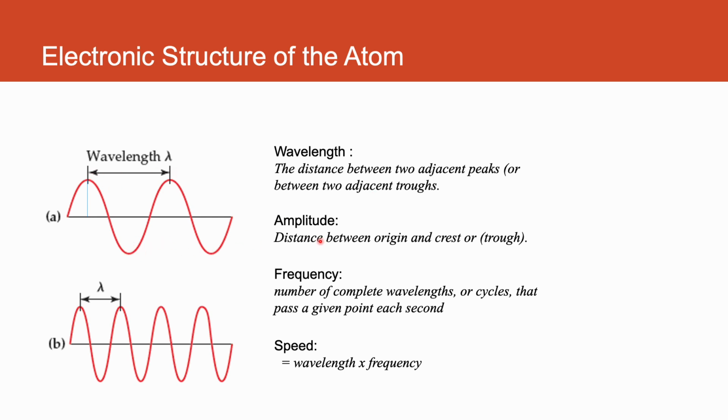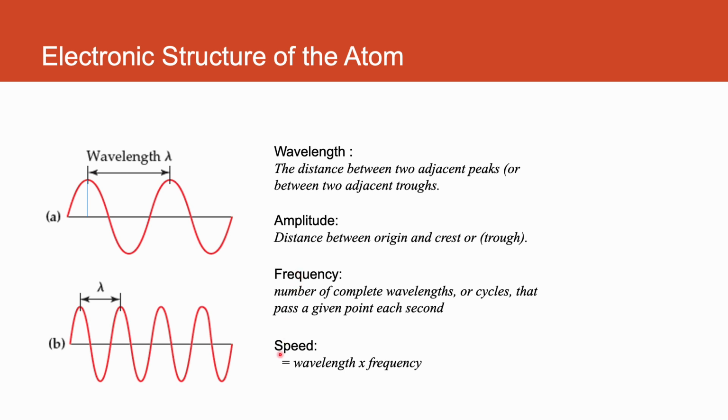Then amplitude is the distance between the origin and your crest, or here to here. Frequency is the number of complete wavelengths or cycles that pass a given point each second.